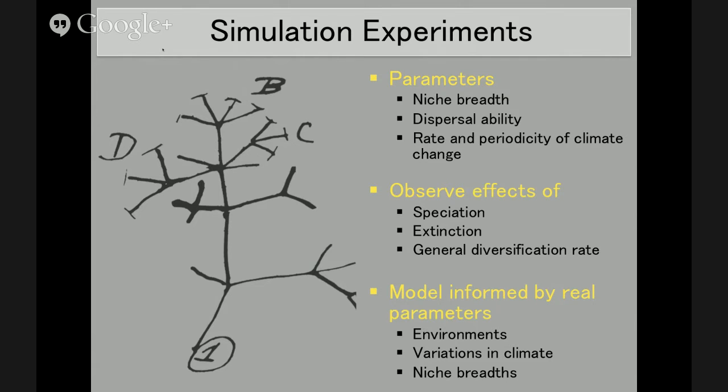Even though we use these simulation experiments, we try to inject as much biological reality into our framework as possible. And to do so, we use real environmental landscapes that characterize Eurasia. We use real variations in climate, going from cold to warm conditions, which I'll talk to you more about in a bit. And then we used real dimensions for species niches that informed our virtual species.